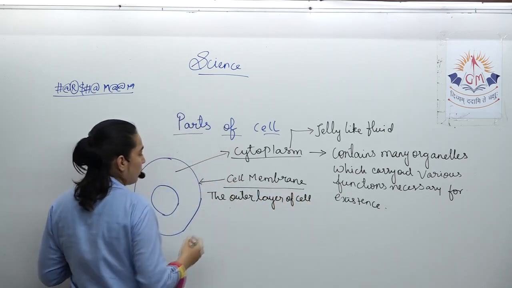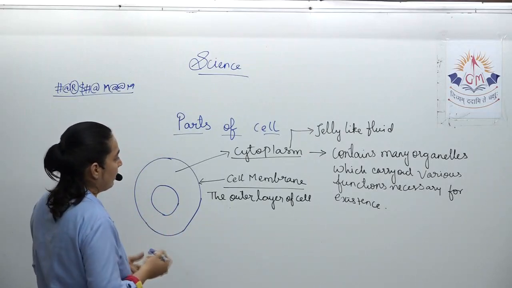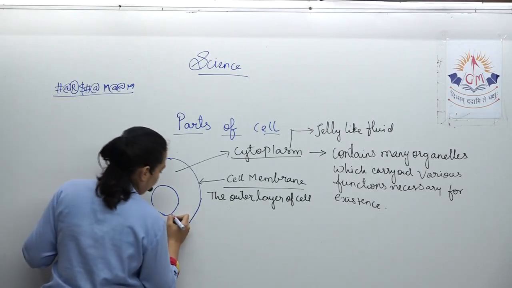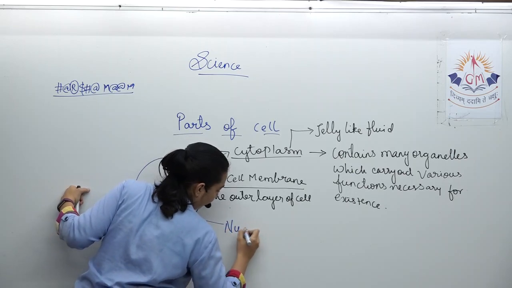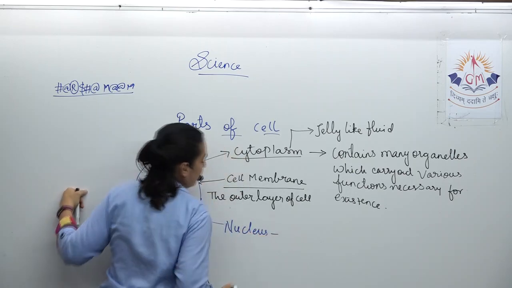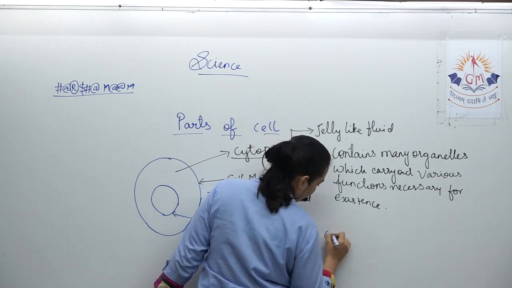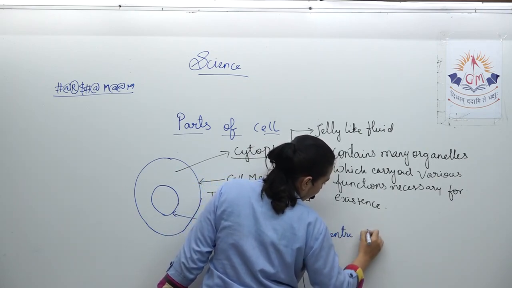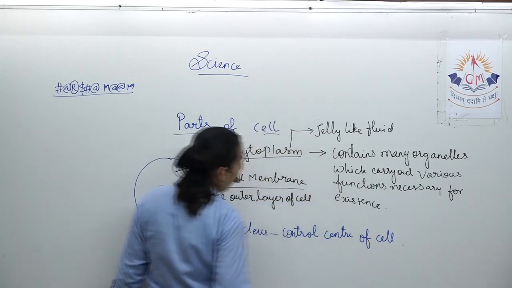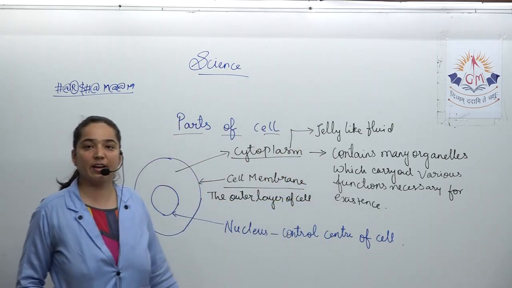In detail, we are going to study about it. The next part is the nucleus. The nucleus is the control center of the cell and all the hereditary information is in the nucleus.